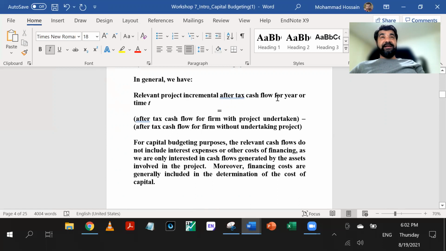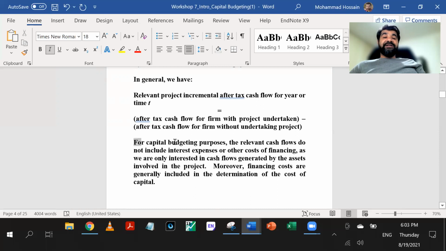Whether it's increasing or not, how do you calculate it? It's the after-tax cash flow for the firm with the project undertaken minus the after-tax cash flow for the firm without undertaking the project. So if you take the project, how much after-tax cash flow is coming in? If we do not take the project, how much cash, how much after-tax is coming? The difference between these two will tell you whether the project is incrementing your cash flow or not. Okay.